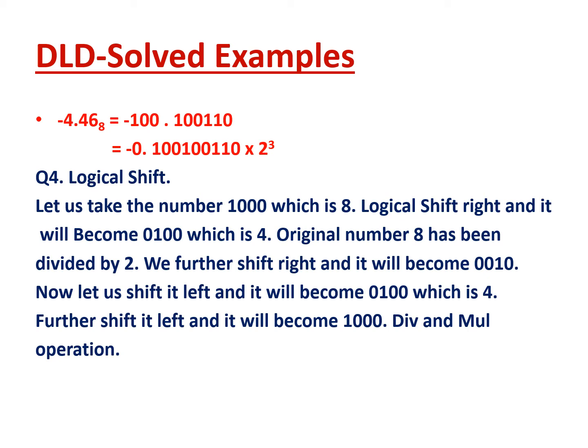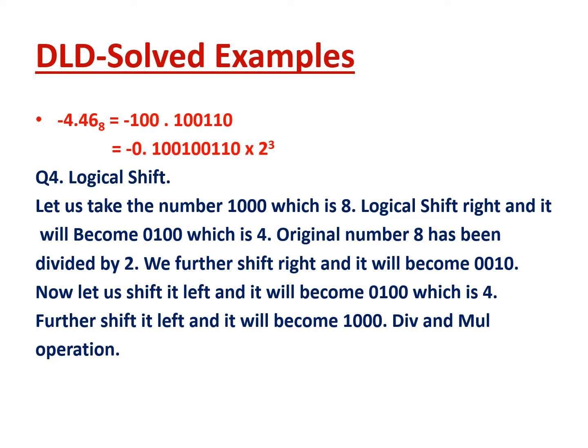I'll discuss the assembly language course after I finish this DLD. So logical shift right, and it will become 0100. That is, if you logically shift right 1000, it becomes 0100, which is 4.